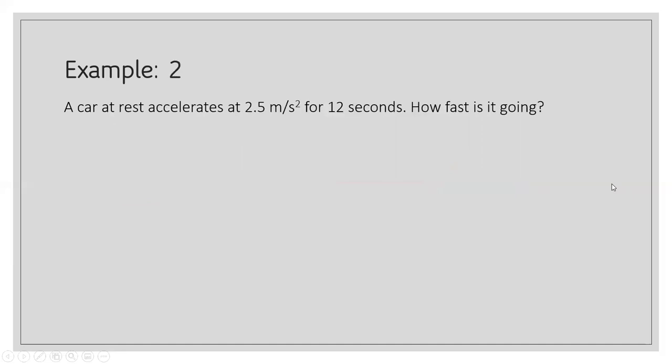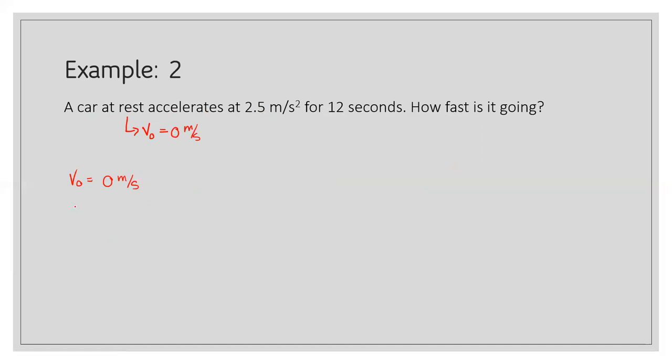A second example, a car at rest. If a car is at rest, this means velocity beginning has to be equal to 0 meters per second. So even though there's not a number there, that actually gives us some information. All right, a car at rest accelerates at 2.5 meters per second for 12 seconds.